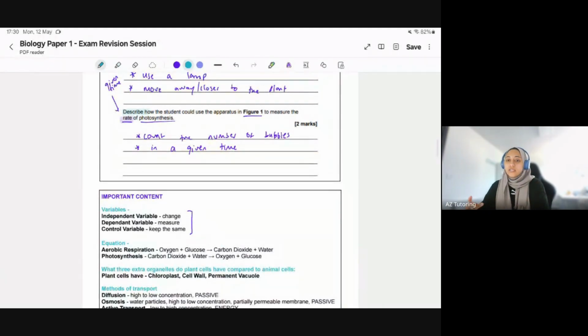Whenever you've got a 6-mark question and you're told to devise a method, make sure you state what your variables are, and also state how you would make an accurate investigation. So you would repeat the experiment and you would calculate a mean if relevant.